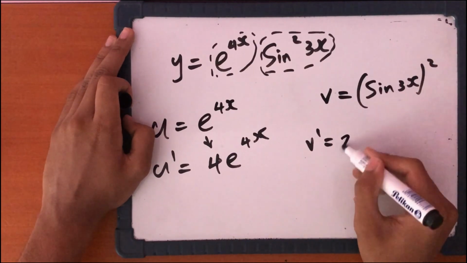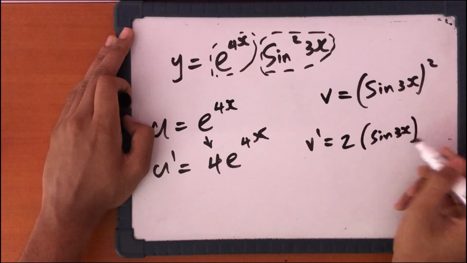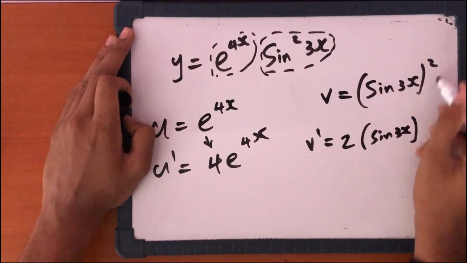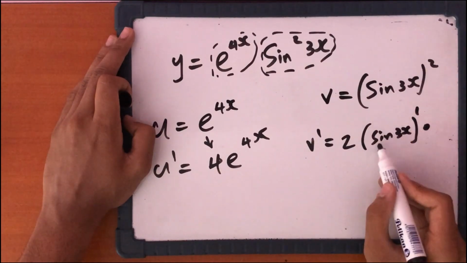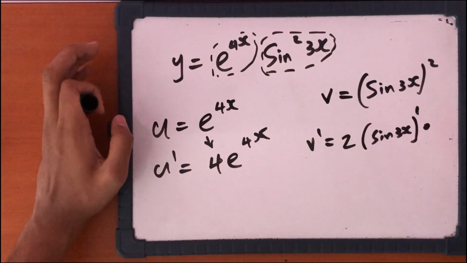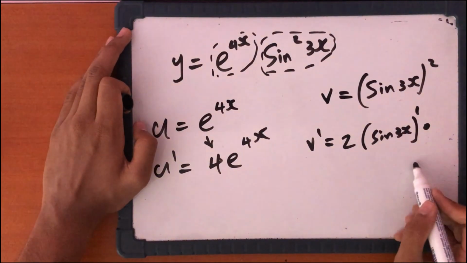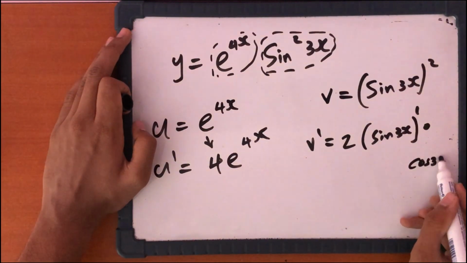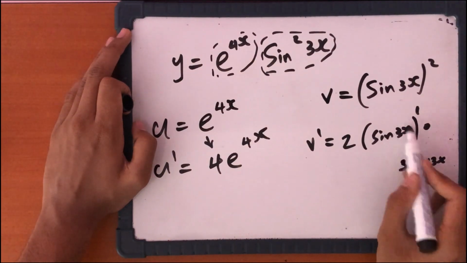So that becomes 2, the inside function remains the same, power 1, because 2 minus 1, times the derivative of the inside function. Actually this is a case where there are 3 composite functions. And the derivative of the inside function is cosine 3x times 3, because yes, you get it.